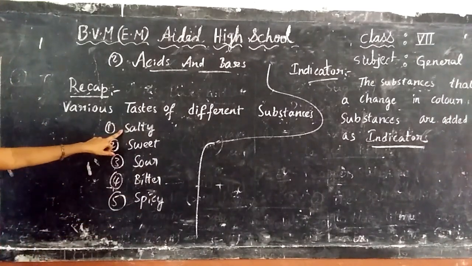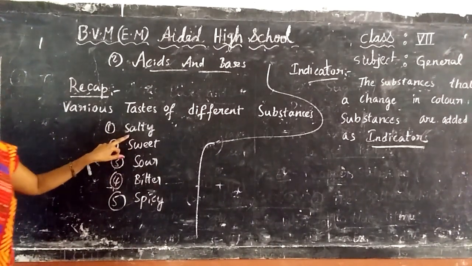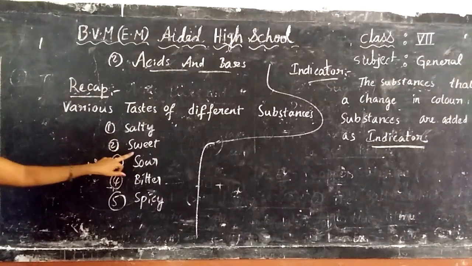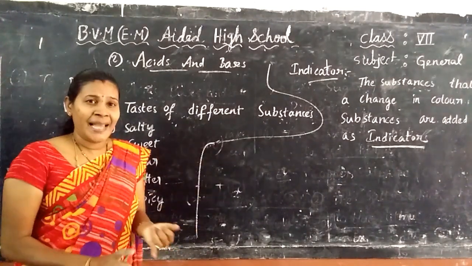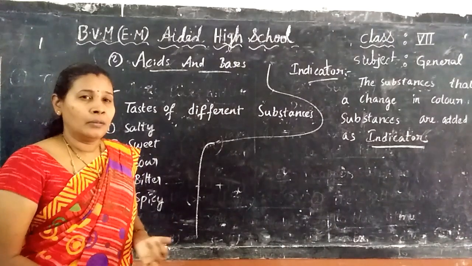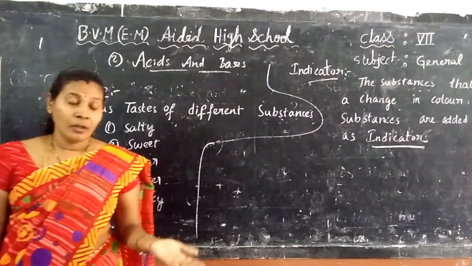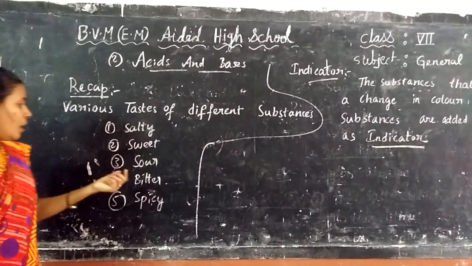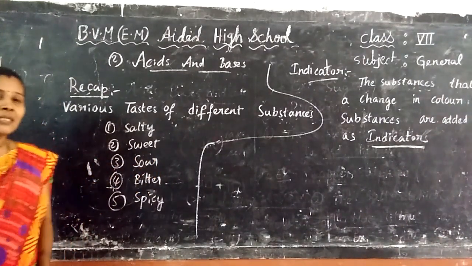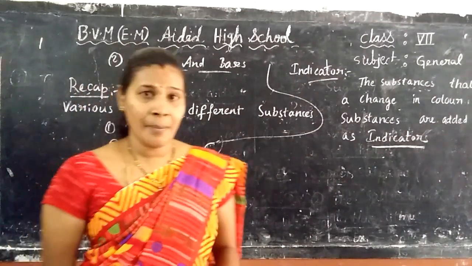Example for salty: common salt, which is used in every food item. For sweet, generally you eat sweets like jalebi and gulab jamun, and fruits also have a sweet taste. Next, sour means orange juice, which we drink, and lemon juice.